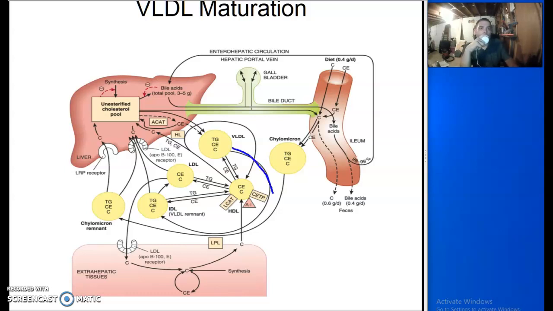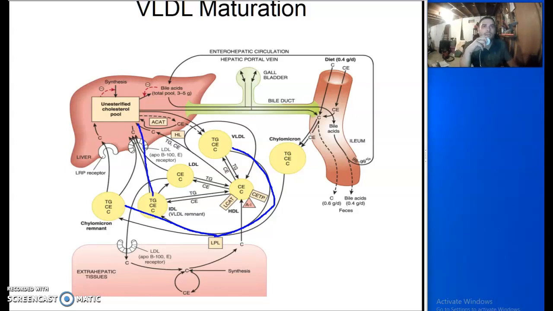We are coming around, interacting with the lipoprotein lipase, pulling off some of these cholesterol esters and triglycerides, and ultimately being brought into the cell, and we move into an IDL, or intermediate density lipoprotein, or VLDL remnant, with significantly less triglyceride per percentage, and moved back into the liver and unesterified and broken down.